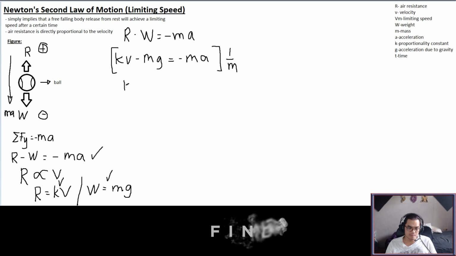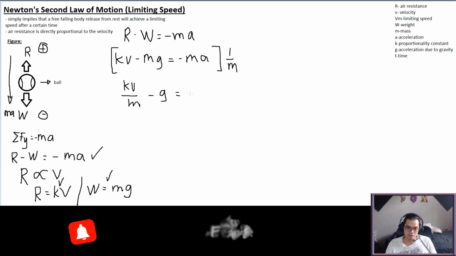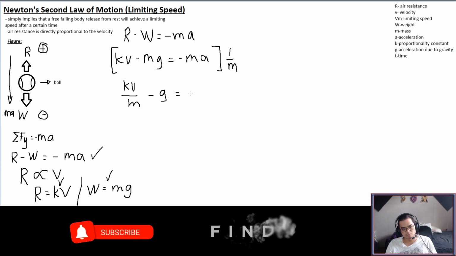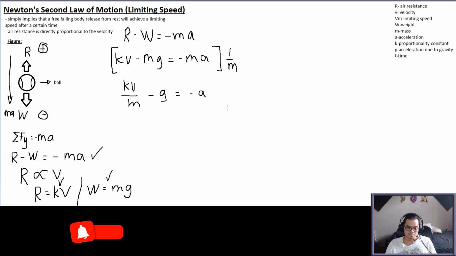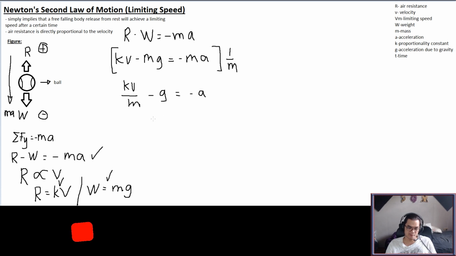So you'll have here kv over m, and then negative m will be cancelled. You'll have g, and must be equal to negative a. And then next, I will transpose negative a to the other side, and g to the other side. So everything is positive now.